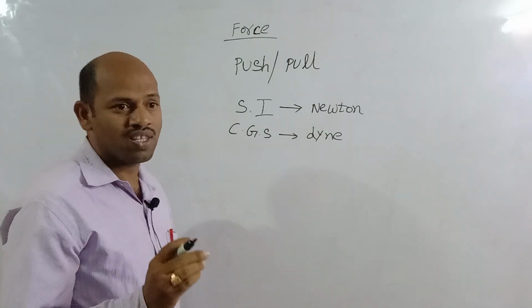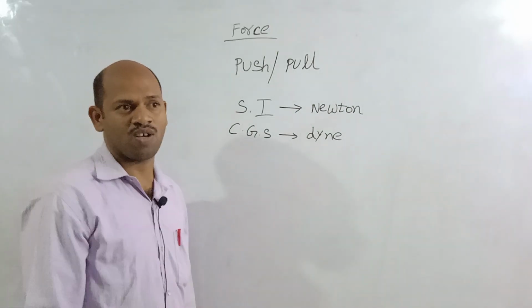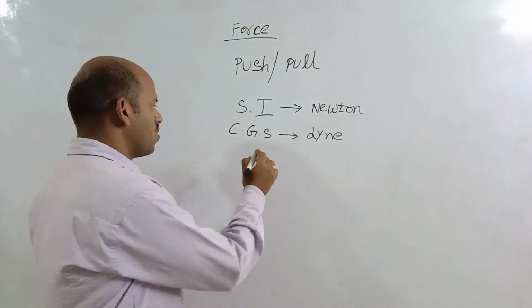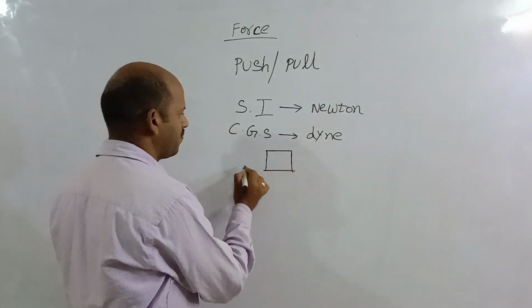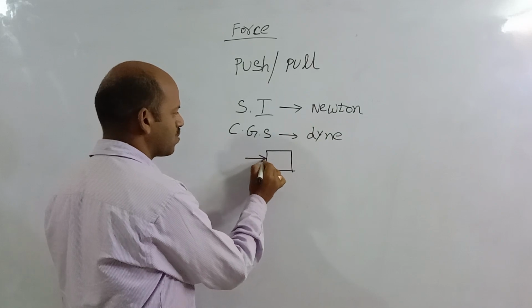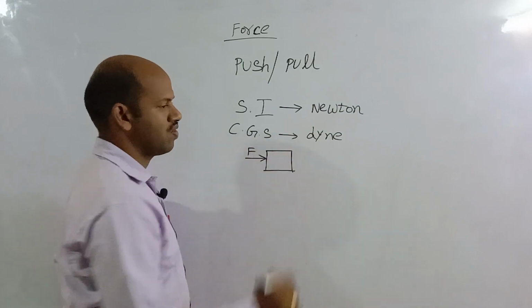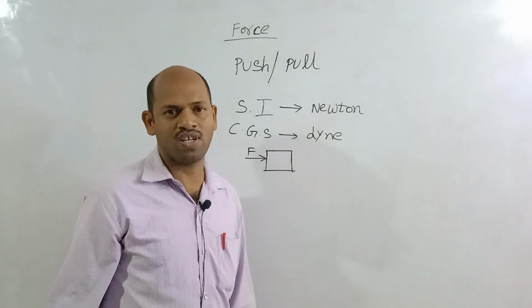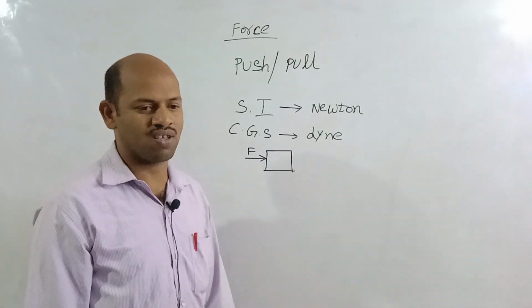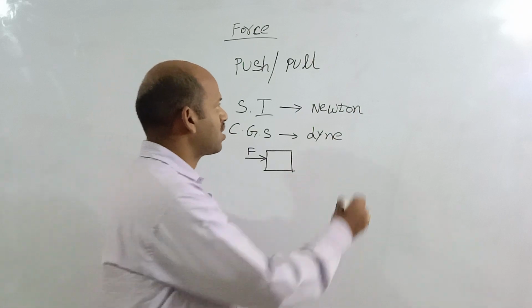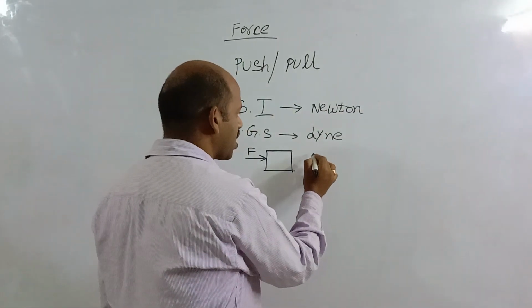Now we will discuss what changes we can observe when you apply some force on an object. Suppose you take an object and I have applied some force. What changes will we observe while you apply some force on an object? There are 4 changes we can observe.